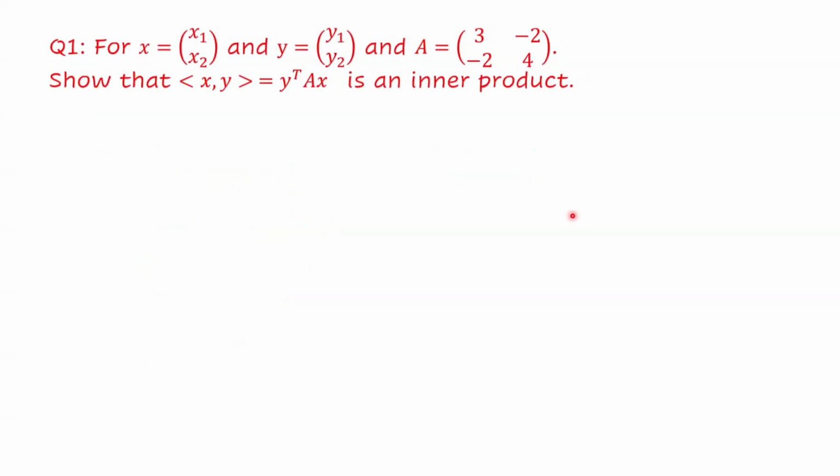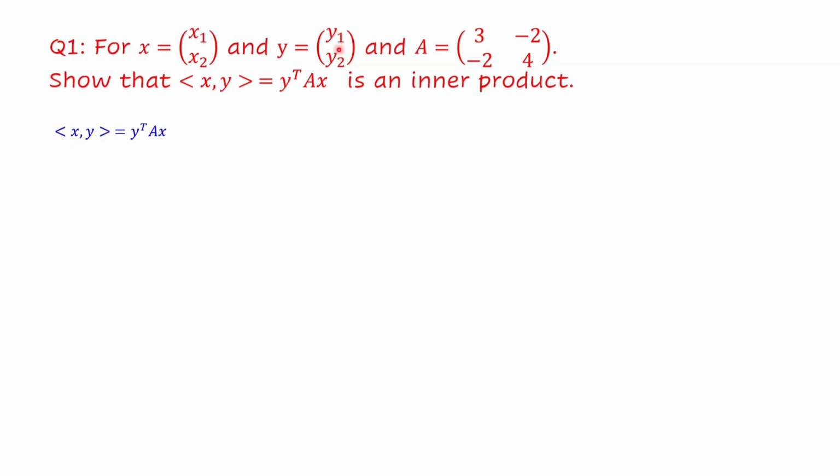Now we have our second property, which is the symmetry, that ⟨x, y⟩ is equal to ⟨y, x⟩. So ⟨x, y⟩ is defined as y transpose A x.